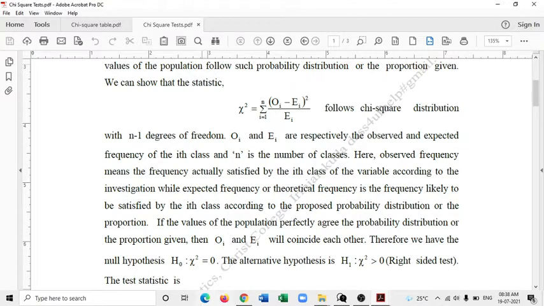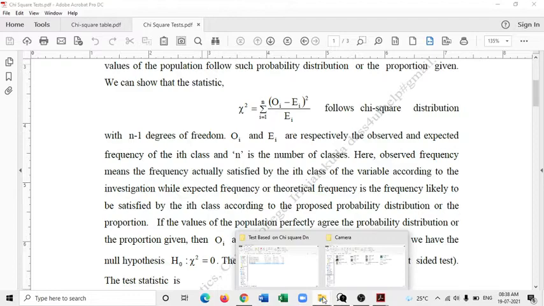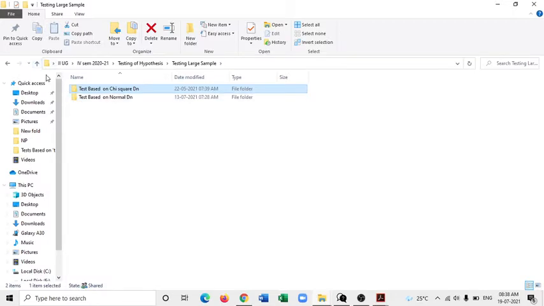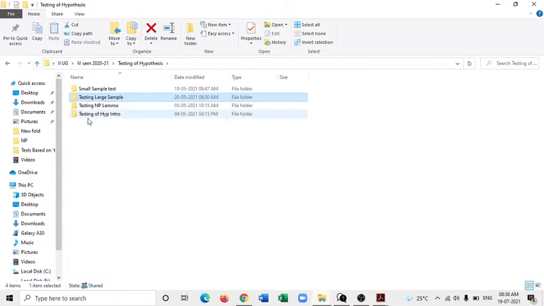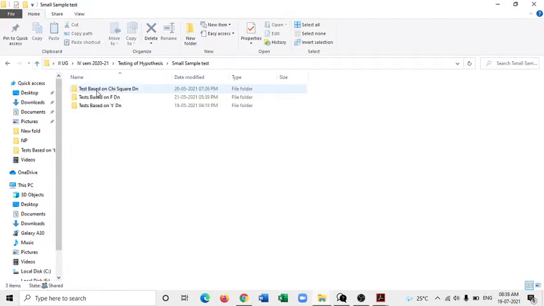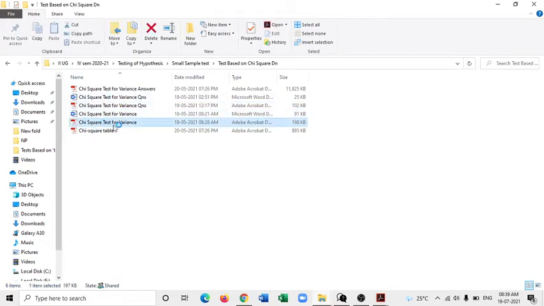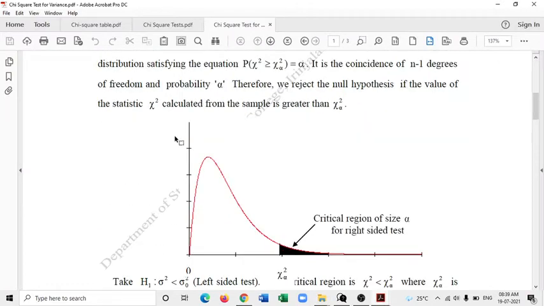In the application of the chi-square distribution, we have the frequency curve of the chi-square distribution for a right-sided test.